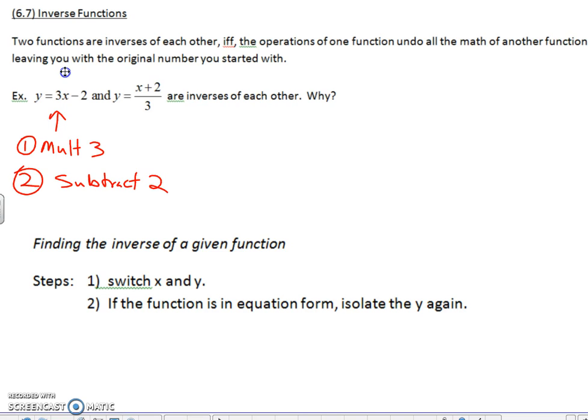Well, does it make sense that inverses should do the exact opposite of what I'm doing here? Okay, so these are the two math operations I'm doing in this function, and I'm doing them in this order. Well, let's see. What are the two math operations I see here, and in what order? Well, this says the first thing I would do is add 2 to the x. And the second thing I'd do is I'd take that and divide by 3.